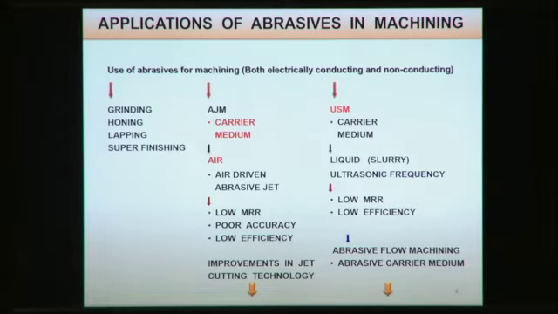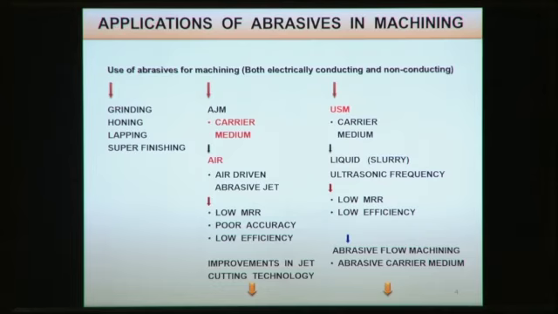Next, loose abrasives are used in the ultrasonic machining process. There we use slurry as the carrier medium, where the base medium is deionized water, or water can also be used, and abrasive particles are mixed in that water. The tool vibrates with a high ultrasonic frequency, and because of the impact of the abrasive particles on the workpiece surface at high velocity, small craters are generated.